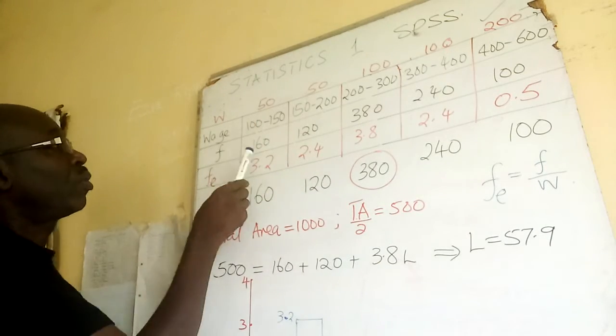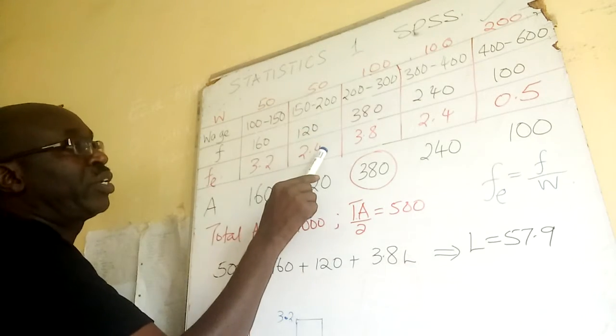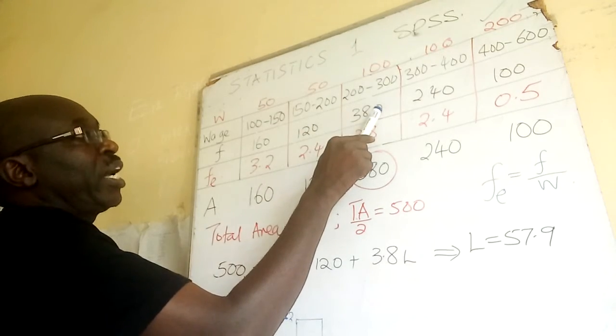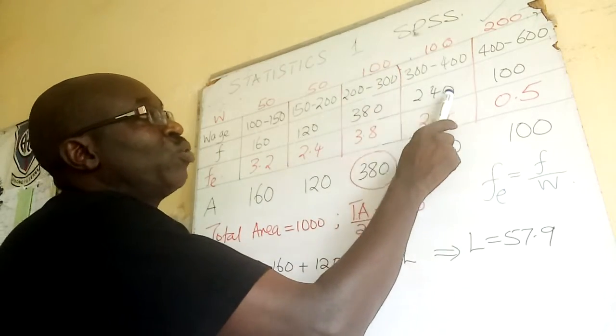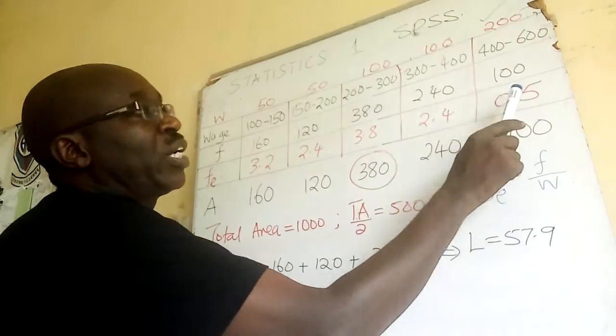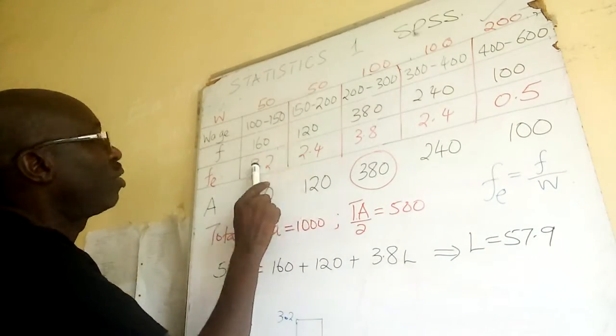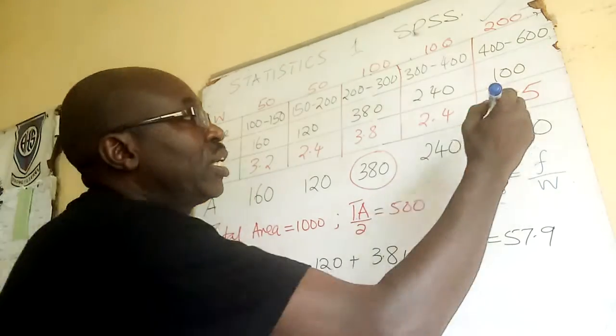So 160 divided by 50 gives 3.2, 120 divided by 50 gives 2.4, 380 divided by 100 is 3.8. That is simple, I can do it. 240 divided by 100, I can do it. 100 divided by 200, I can do it. So you can counter-check if I'm wrong. So now we have frequency density.